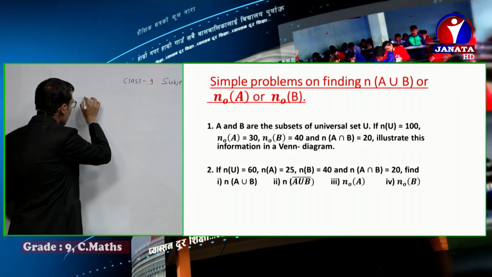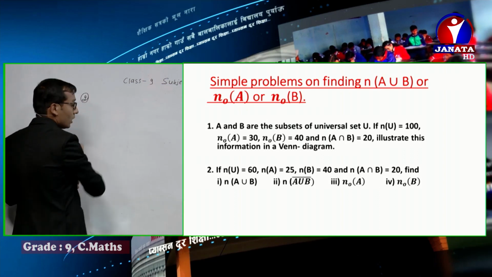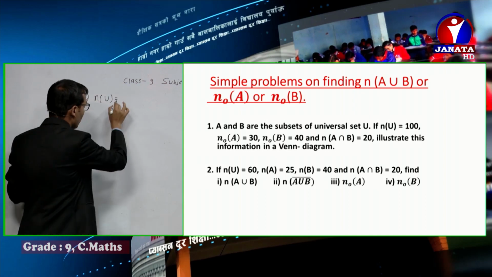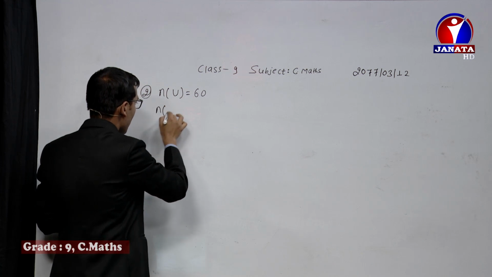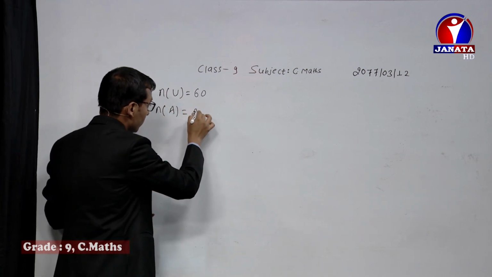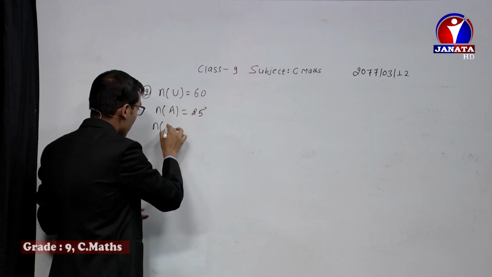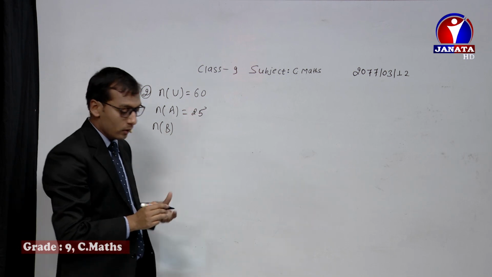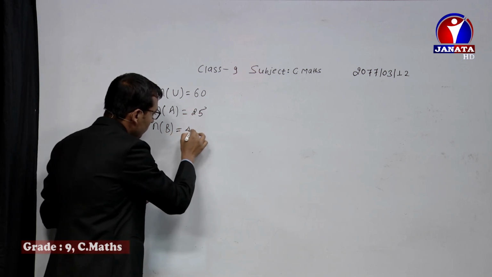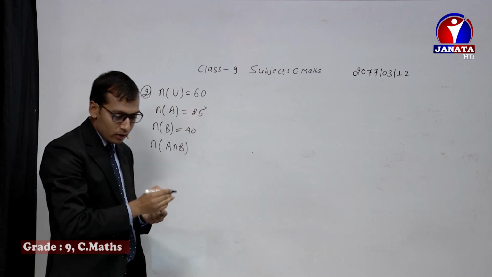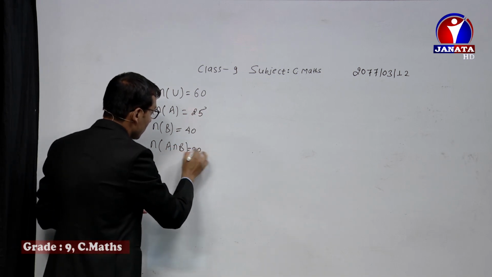So let's write the question. n of U is given as 60. n of A is 25. n of B is 40. This question is almost similar to the first one. And n of A intersection B is 20.